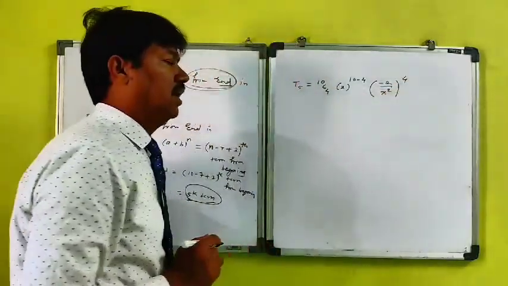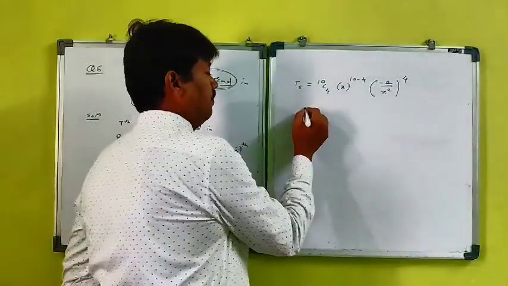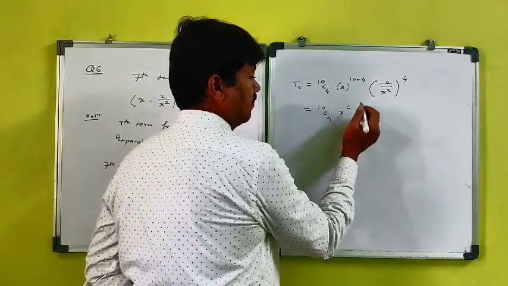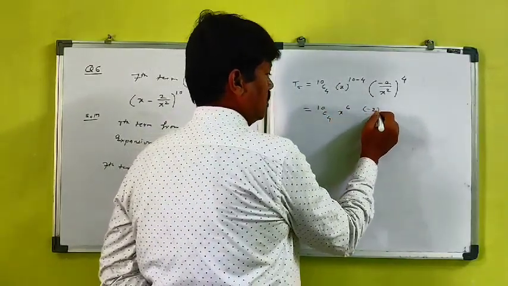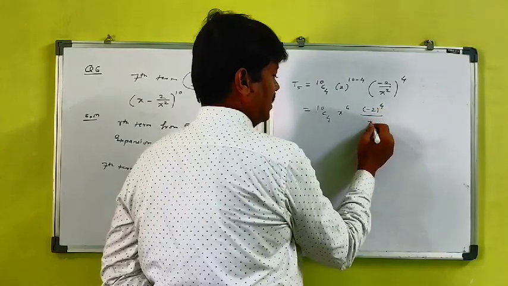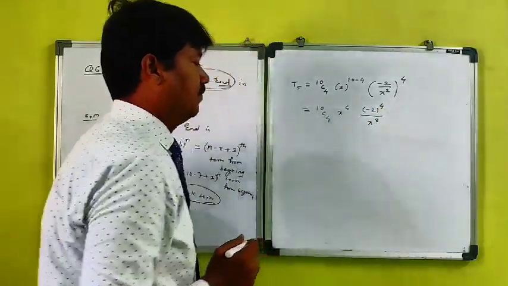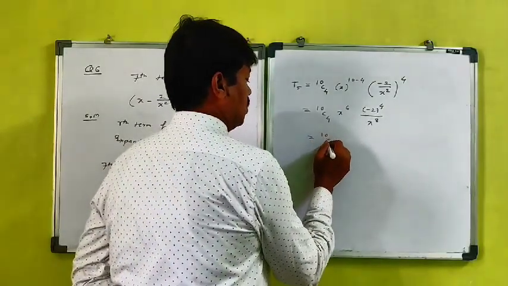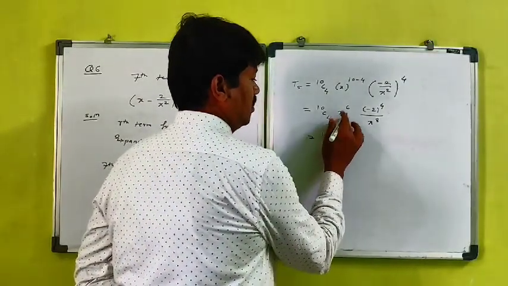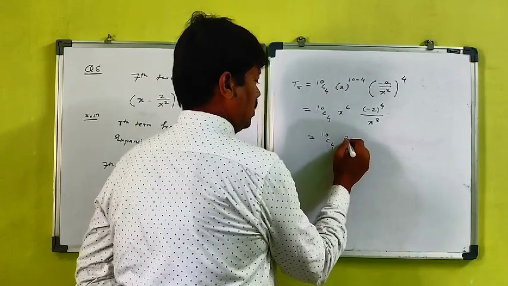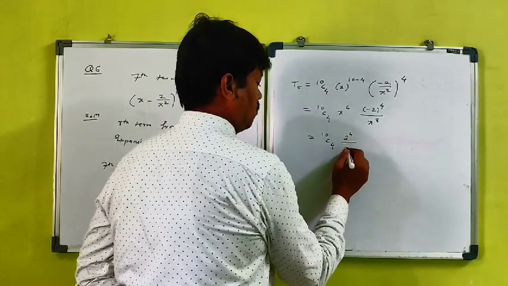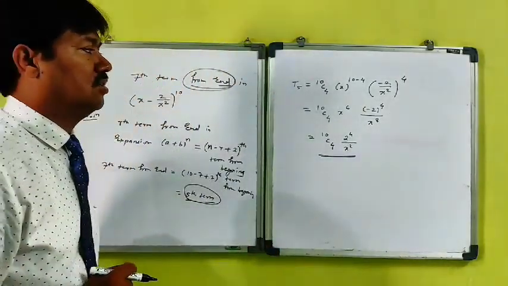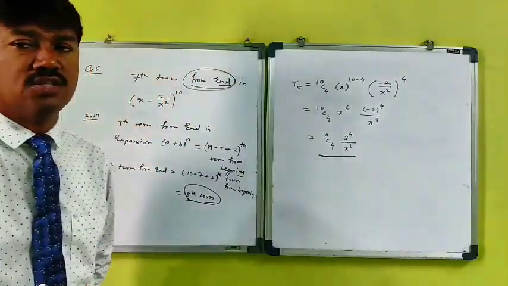That is a very simple formula. So the answer will be 10C4 x raised to 6 times 2 raised to 4 upon x raised to 8, which is nothing but 10C4, this cancels out, so it is 2 raised to 4 upon x square. So this is your final answer for question number 6.